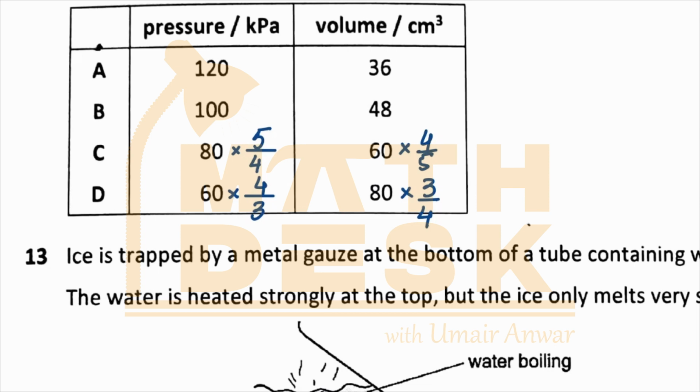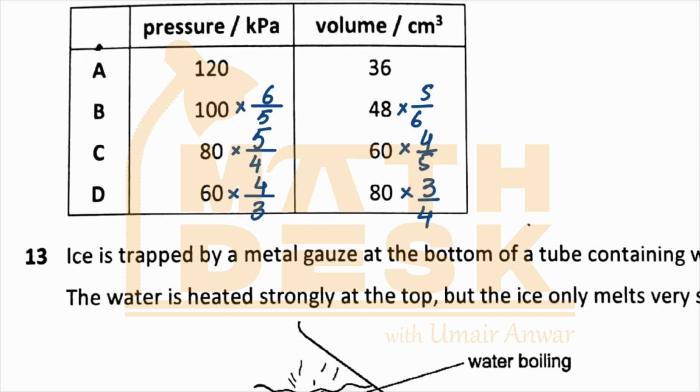So in this case, we get the correct answer for volume, as the answer for pressure is 100. Now if we try to convert 100 into 120, we first divide it by 5 and then multiply it by 6. So it means that the other quantity should be divided by 6 and multiplied by 5.